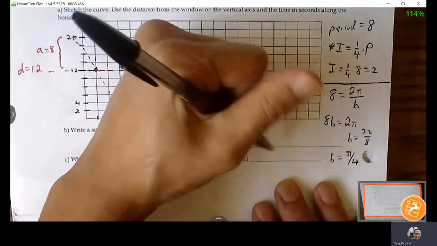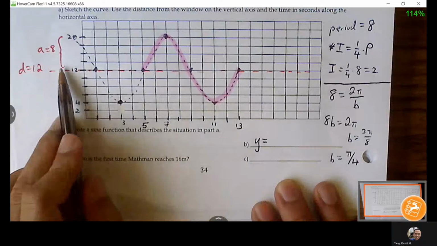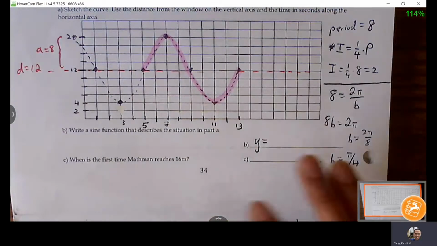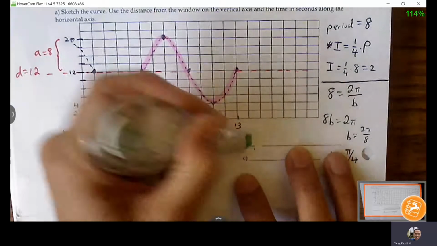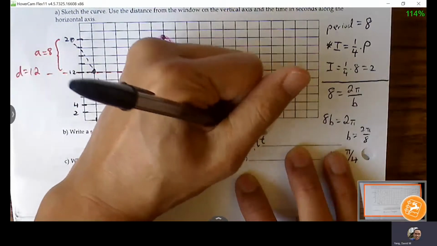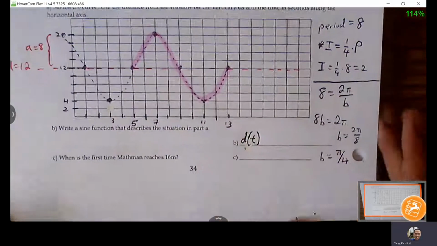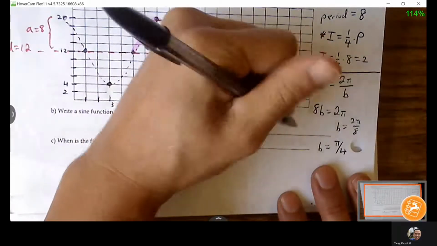So, oops, it says distance, so you can use y if you want. I'm just gonna use d of t, but you can use y equals or use x and y. It's fine as well. Okay.